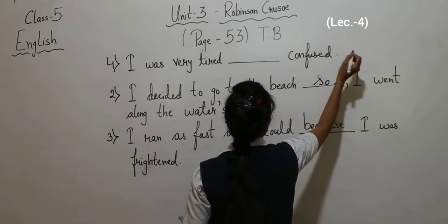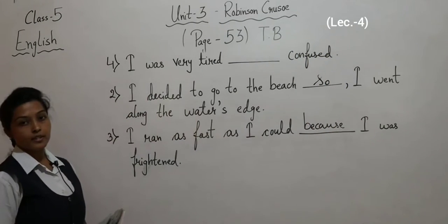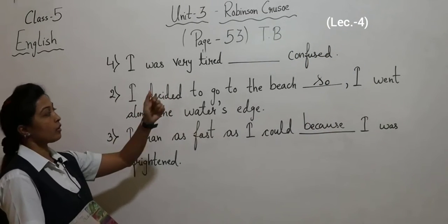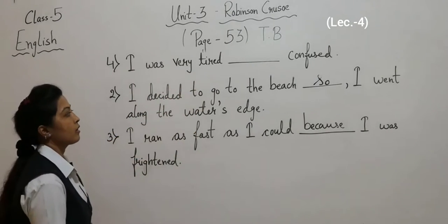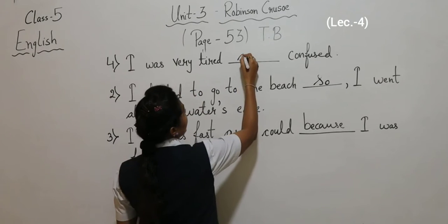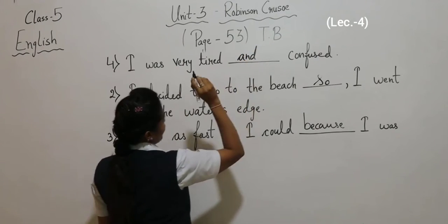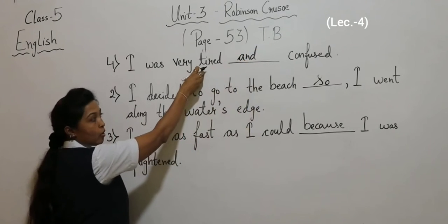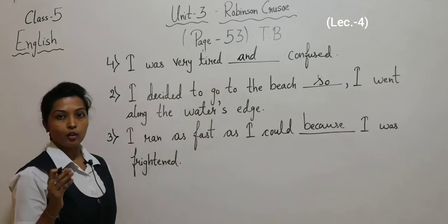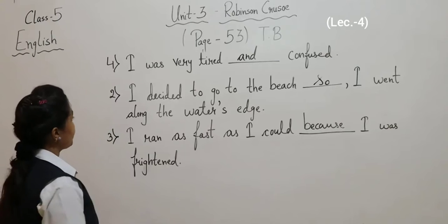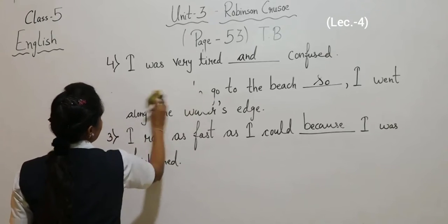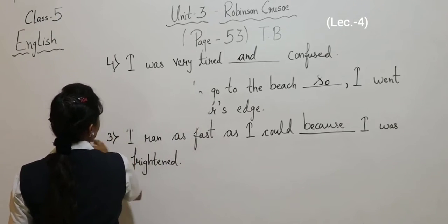So check your word box, whether any word is given which we can use over here. Yes: I was very tired and confused. I was tired also and I was confused also. Then after, next one, next exercise 3.